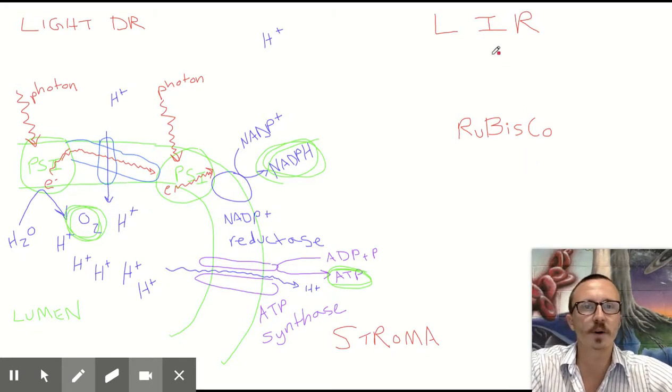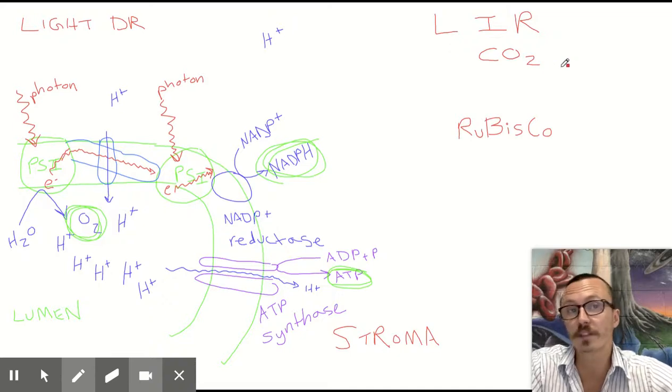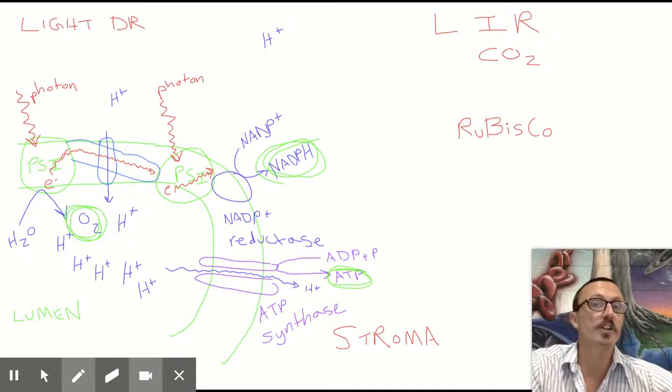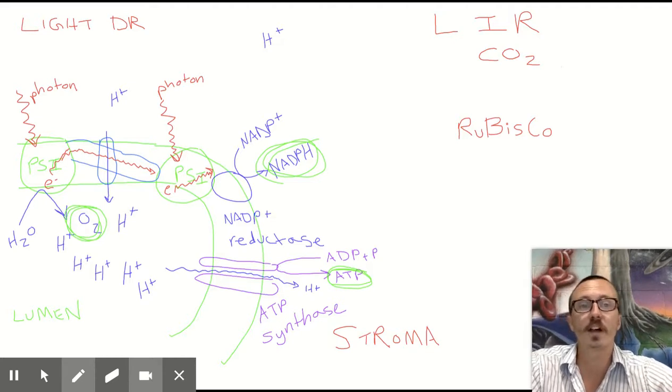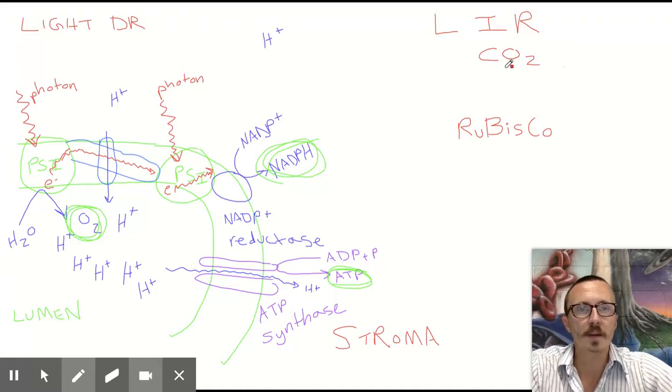And so how this works is we've got carbon dioxide, the gas in the atmosphere, that is going to be absorbed through those tiny openings in the bottom of leaves known as stomata. It'll enter the leaf, eventually enter the mesophyll cells, find its way to the chloroplast, where it'll float around in the stroma. And then the carbon dioxide will be fixed by Rubisco, right?